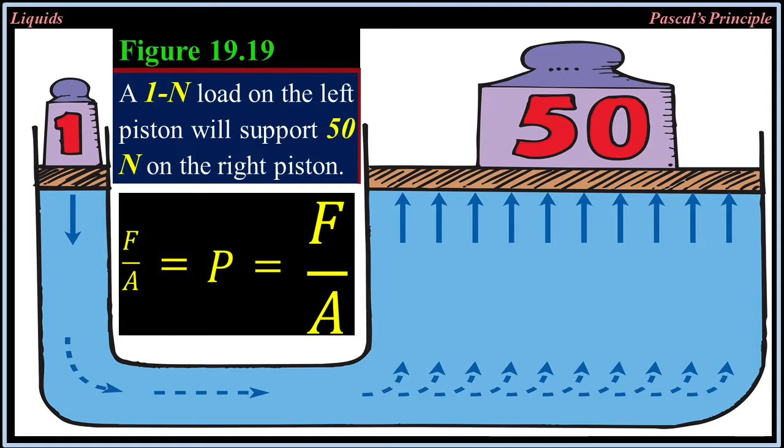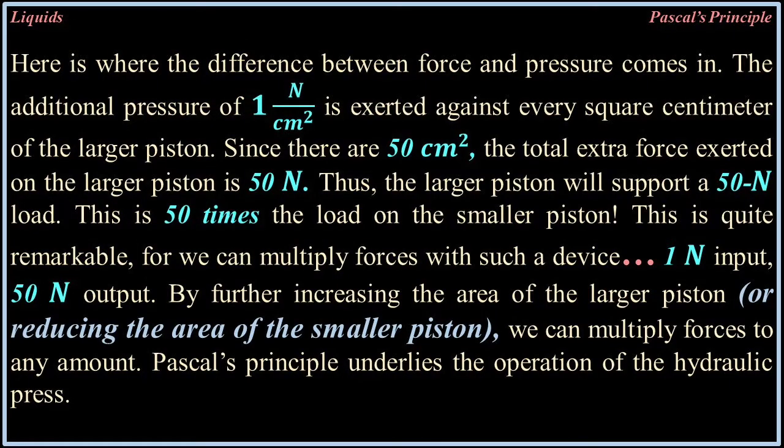Remember the equation for Pascal's principle. Here is where the difference between force and pressure comes in. The additional pressure of 1 Newton per square centimeter is exerted against every square centimeter of the larger piston. Since there are 50 square centimeters, the total extra force exerted on the larger piston is 50 Newtons.